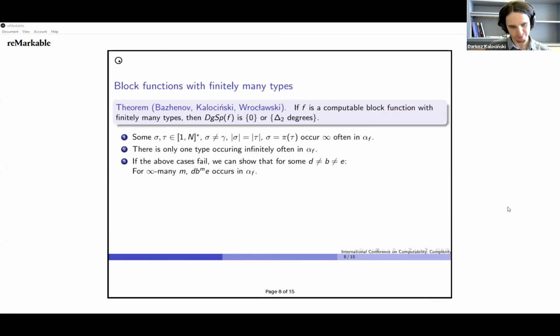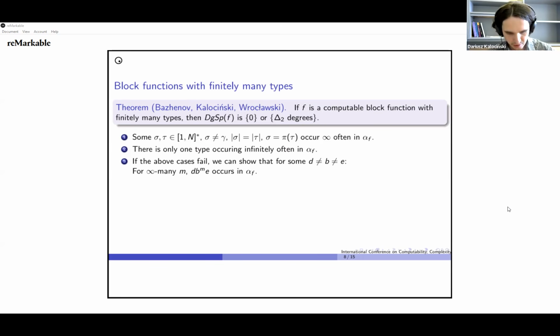Okay, so what happens if we have a computable block function with finitely many types? We were able to show that such a function has either a trivial degree spectrum or its spectrum is all delta 2 degrees.